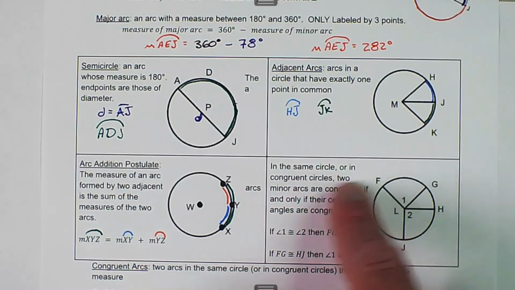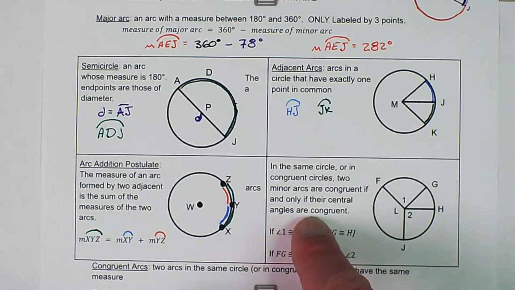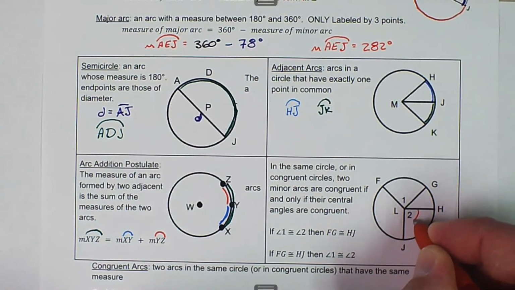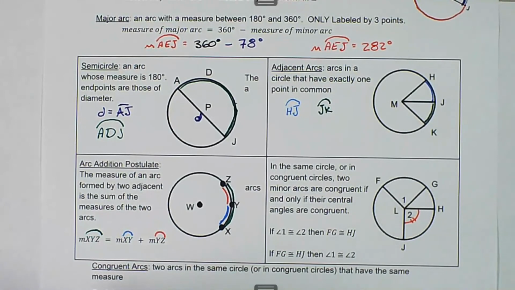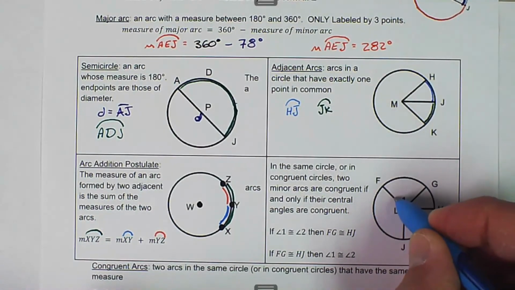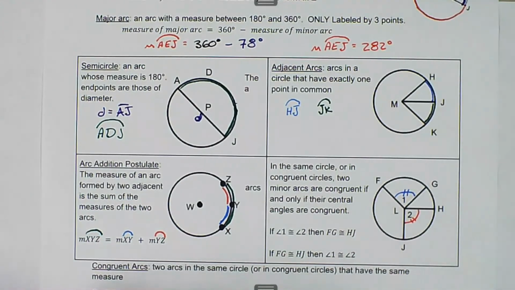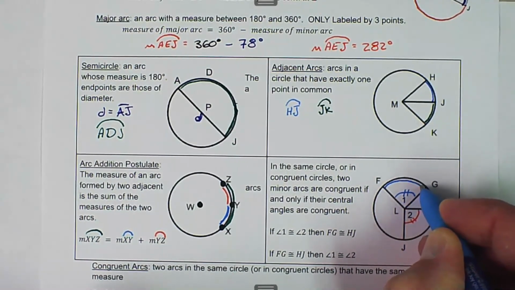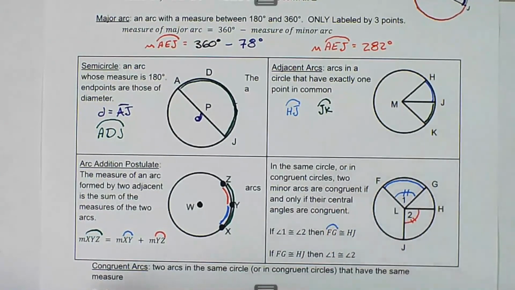In the same circle or in congruent circles, 2 minor arcs are congruent if and only if their central angles are congruent. So in this case, it says if angle 1 is congruent to angle 2, so we say angle 2 is congruent to angle 1, then arc FG, which is right here, that arc FG, is congruent to arc HJ.